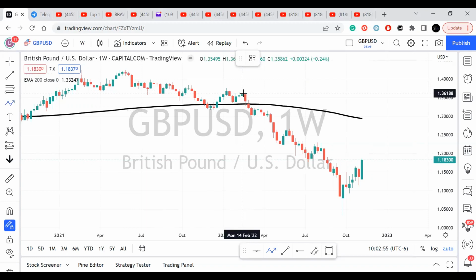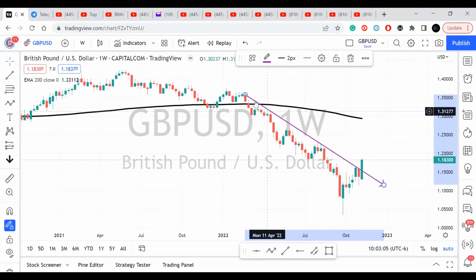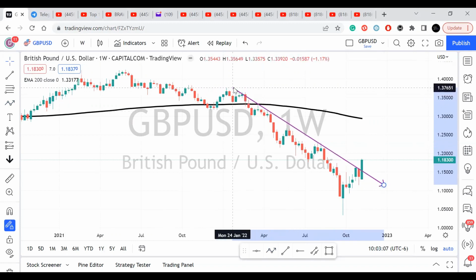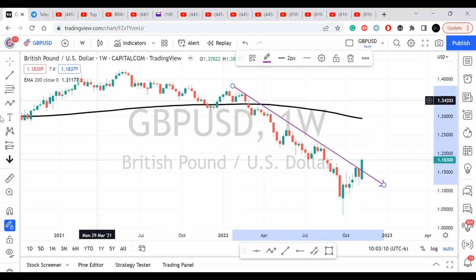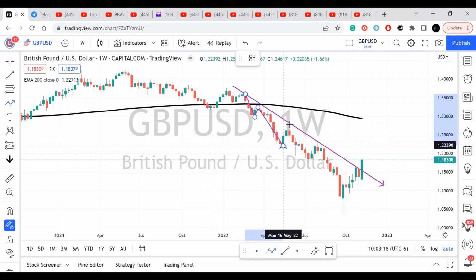So we can see price trending massively downwards here, and we're having these structures on the weekly time frame.